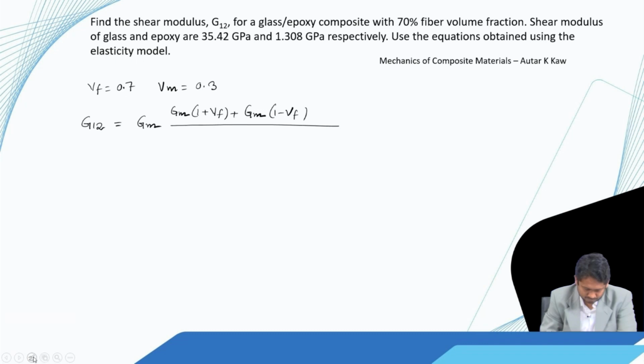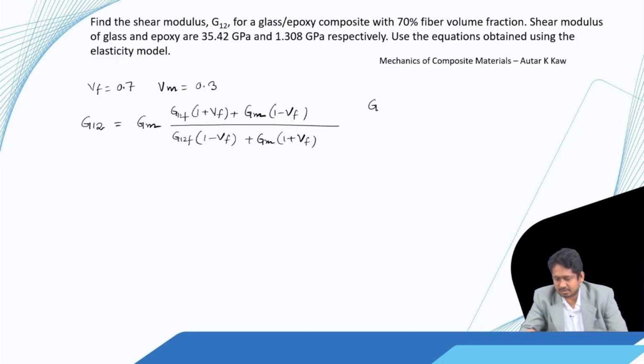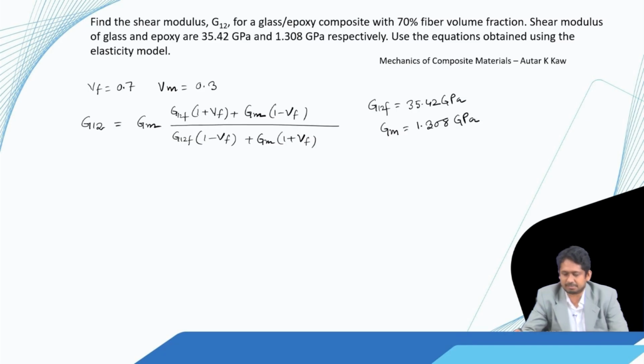So, this is G12f, and then we have G12f multiplied by 1 minus Vm plus Gm, then we have 1 plus Vm. So, here G12f is given to us as 35.42 GPa and Gm is given to us as 1.308 GPa.